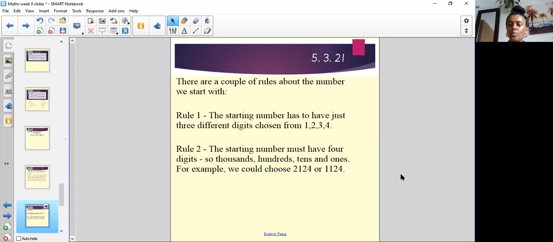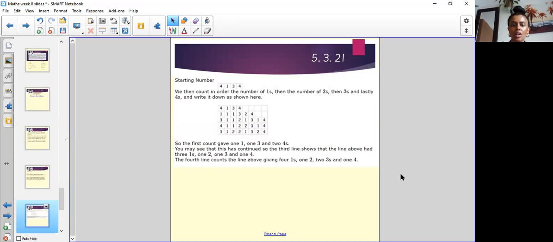For example, we could choose 2,124 or 1,124 because we are using 3 chosen numbers from 1, 2, 3, and 4. So our starting number is 4,134. We then count in order the numbers of ones, then the numbers of twos, then threes, and lastly fours, and write it down as shown here.